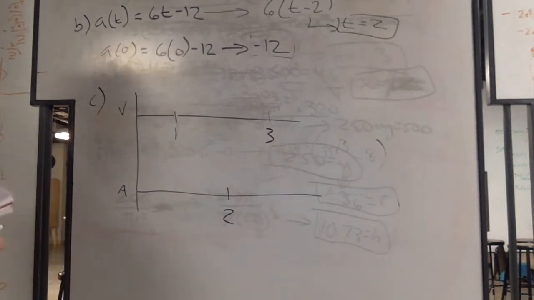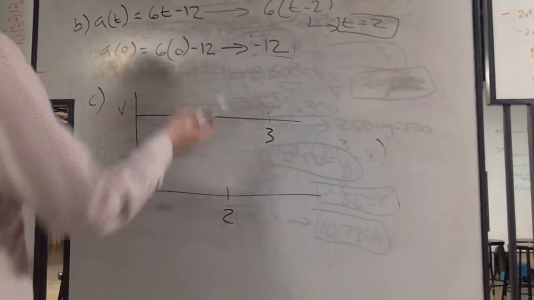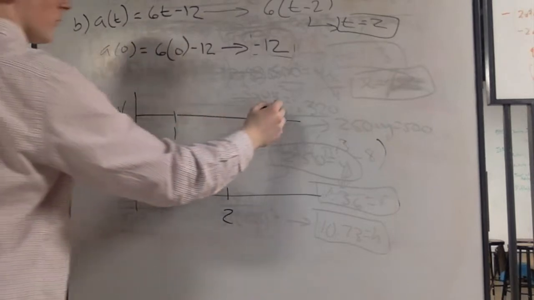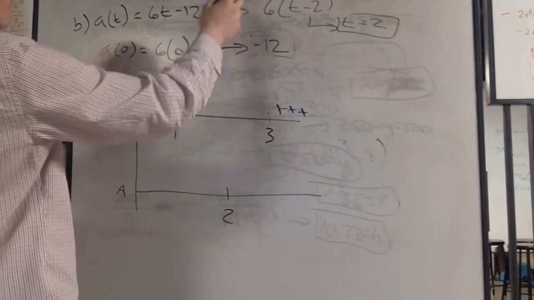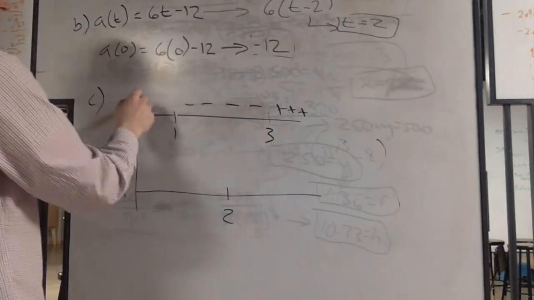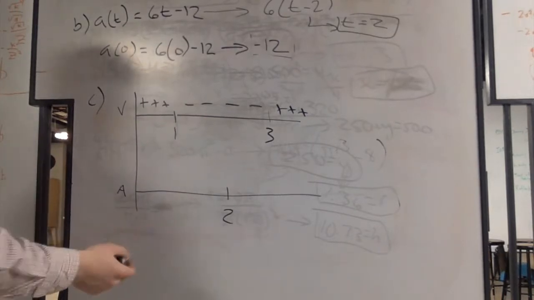And then to figure out the direction it's going after the 3, you have to plug in a number like 4 into this function. And when you do that, it comes out to be positive. So positive, positive, positive. And then where you got the 3 from was an odd exponent, so that would be minus, minus, minus, changed. It's the same pattern on the acceleration part.